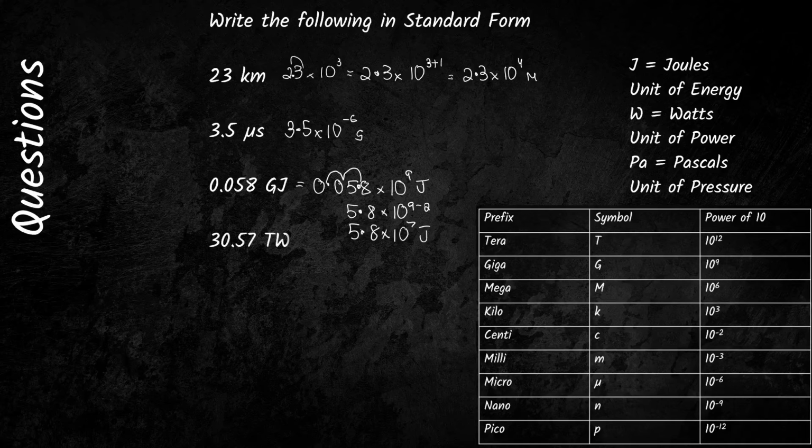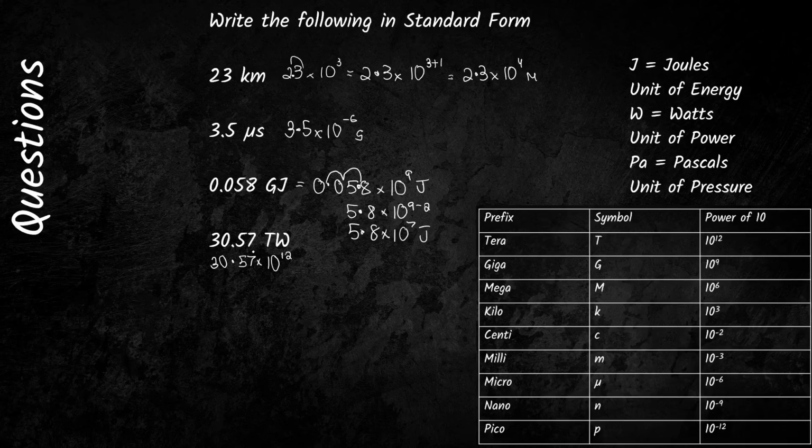Next question, 30.57 terawatts. Now W is watts, like written over here. Tera is 10 raised power 12. So we are going to write 30.57 times 10 raised power 12. Now you have 2 digits to the left of the decimal place.